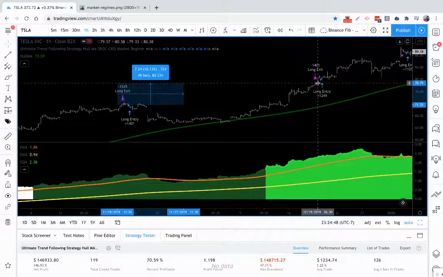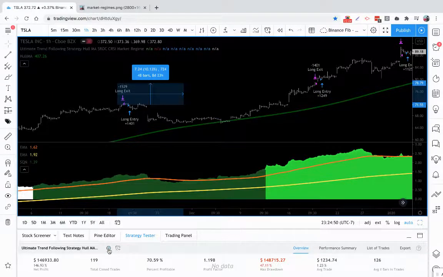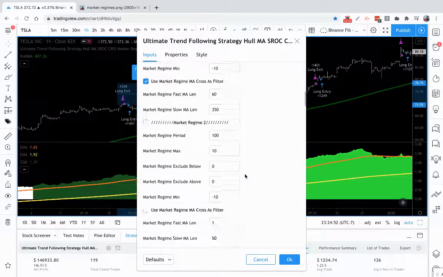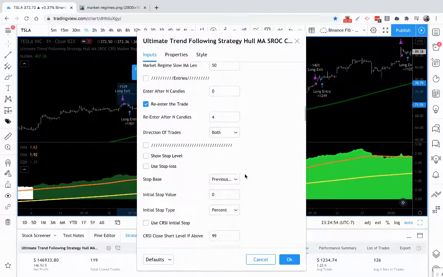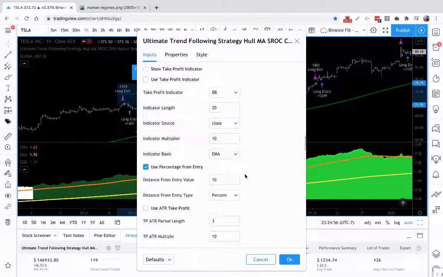We exited the trade over here. That's how the fixed use percentage from entry works. You can also use ticks or pips too, depending on what you trade. And you can set it at 100%, and you can make it any setting you want.